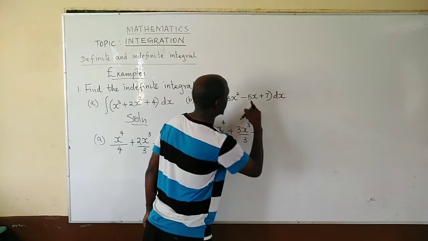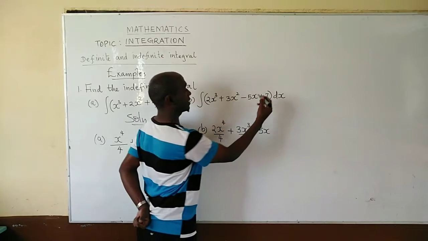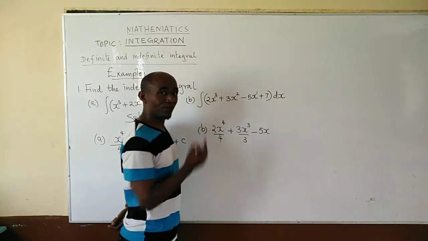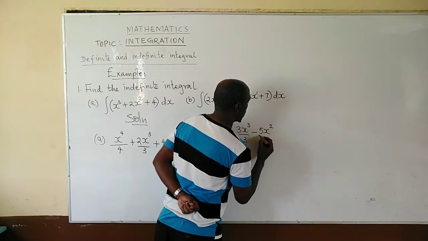Then integrate 5x. Remember, 5x is the same as 5x power 1. So increase that power by 1. You will get 5x power 2 over 2.